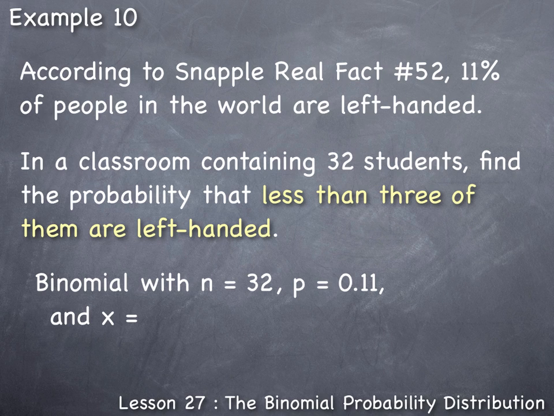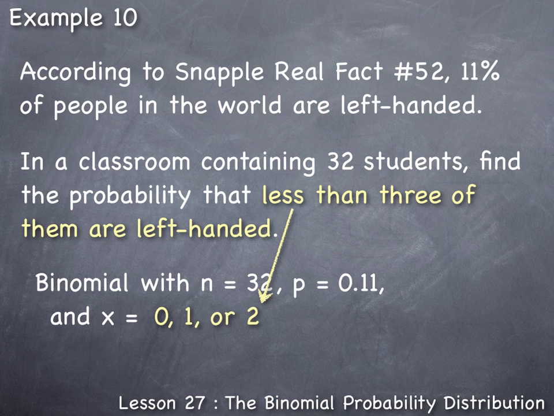So the lowest number of left-handed students in that classroom could be 0, and the most could be 32. But the values of x that correspond to being less than 3 would be the values of 0, 1, or 2. So less than 3 students being left-handed would mean x would have to be less than or equal to 2.